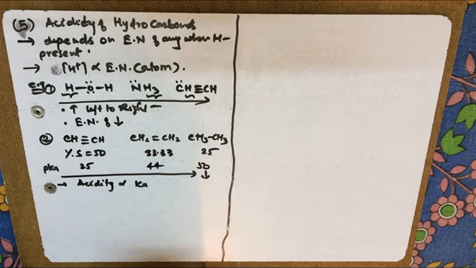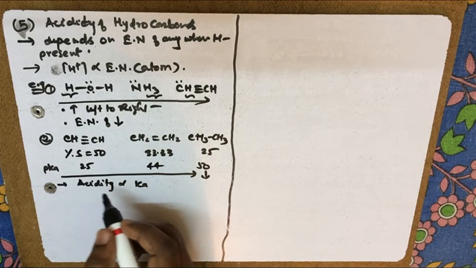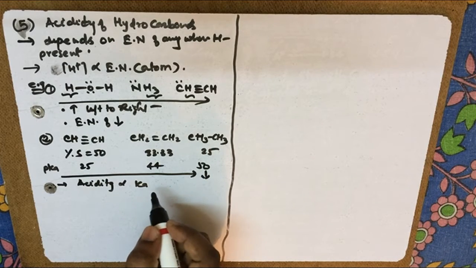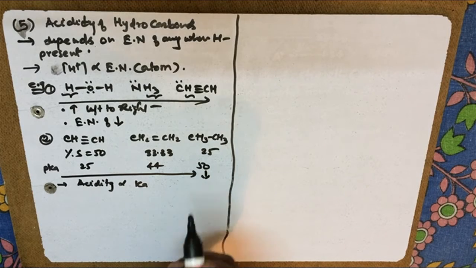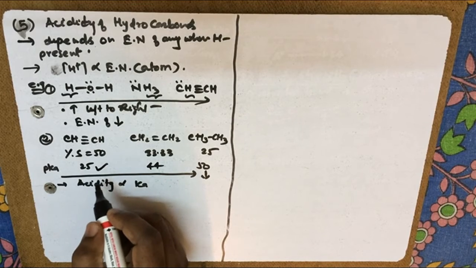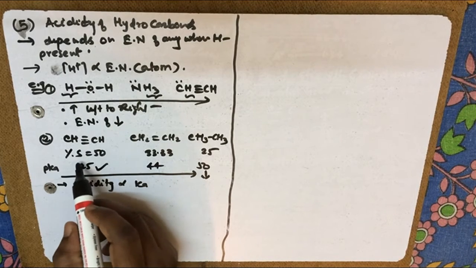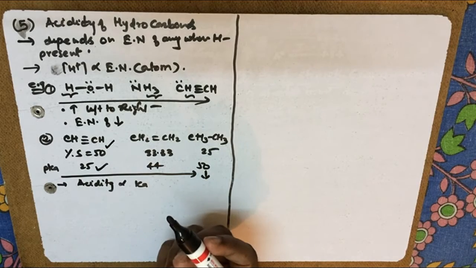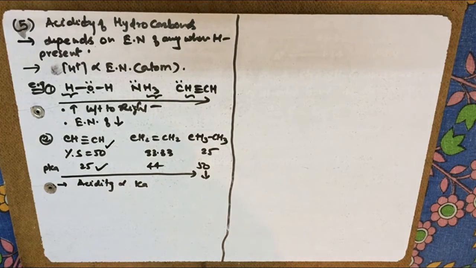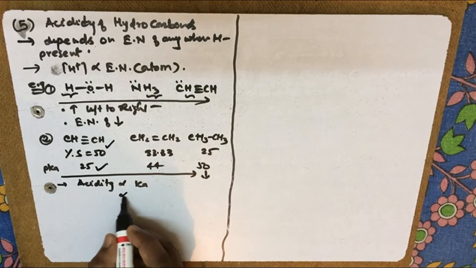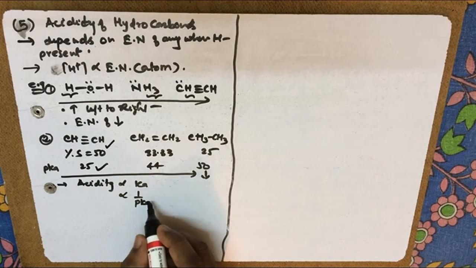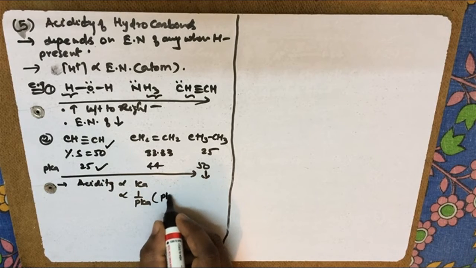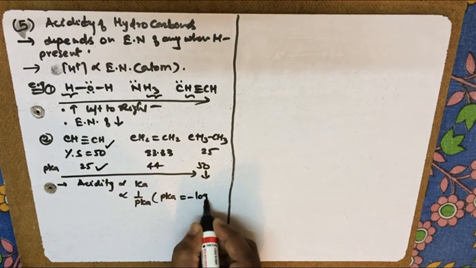So here your pK value is higher, so acidity will be lower for this case, and acidity will be high for this case, because percentage of S character is high for this case. Right, and this is inversely proportional to pK, and this pK is equal to the minus log of K.